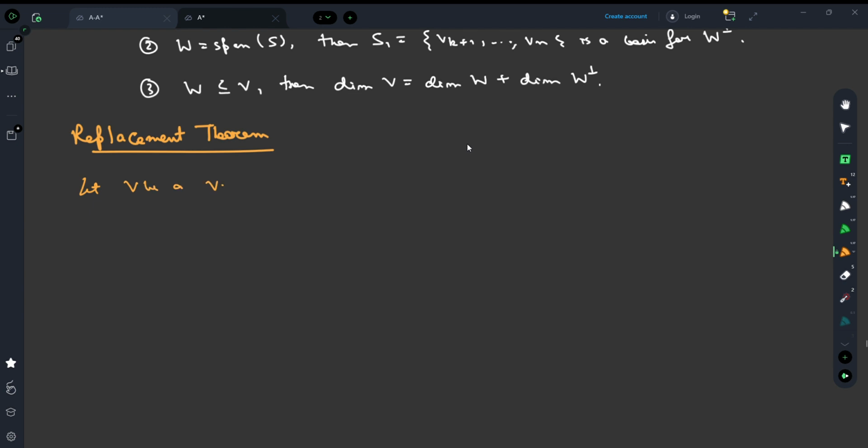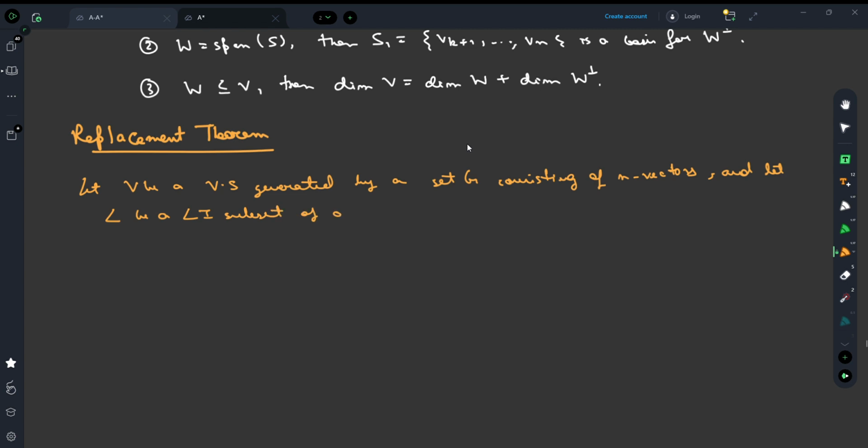Let V be a vector space generated by a set G consisting of n vectors. And let L be a linearly independent subset of V, consisting of m vectors.